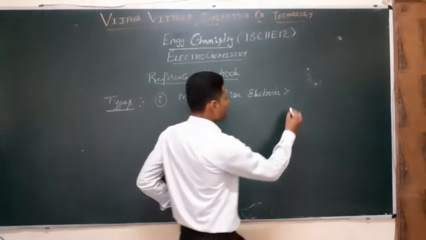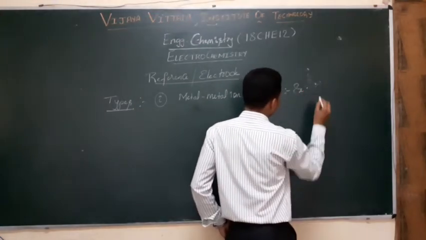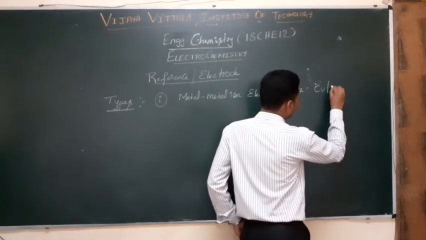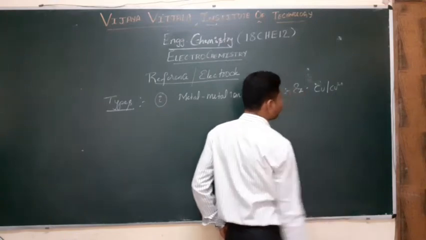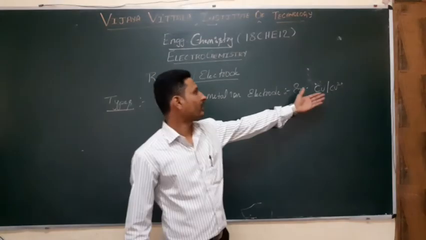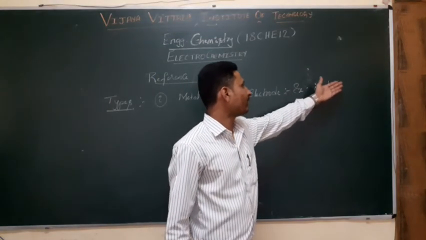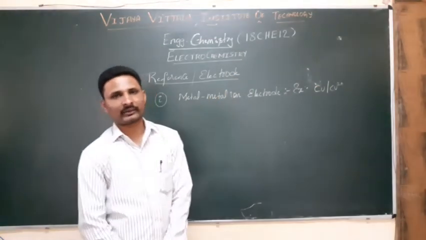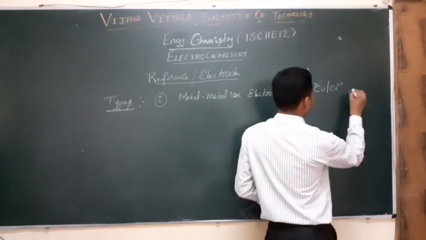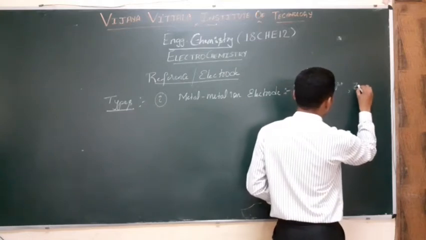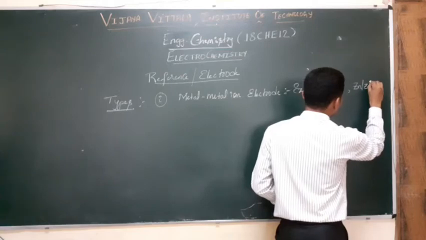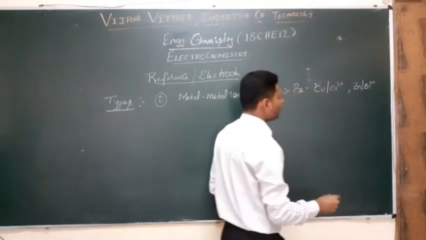For example, a copper rod in contact with a solution containing copper 2 plus ions, or zinc dipped in Zn2 plus, silver, nickel.